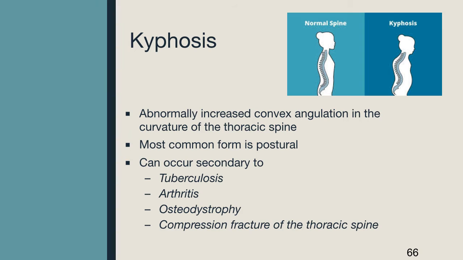That's something you should think about with these. The most common form of kyphosis is postural, back to that whole thing, stand up straight. And it can occur secondary to tuberculosis, arthritis, osteodystrophy, or a compression fracture of the thoracic spine.